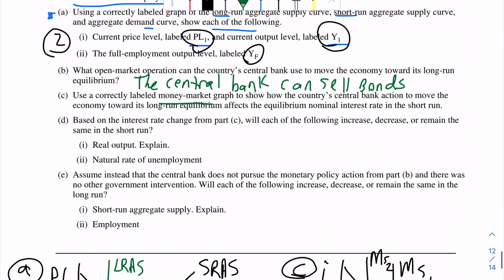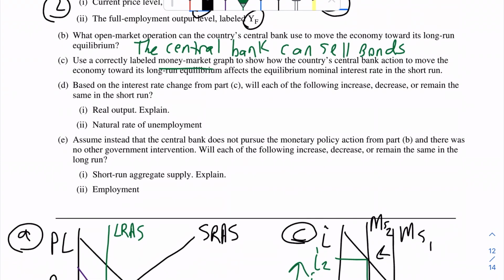Part D, based on the interest rate change from Part C, does each of the following increase, decrease, or remain the same? So, a higher interest rate. If there's a higher interest rate, what do you think happens to real output? Real output will decrease because if interest rates are higher, investment goes down.